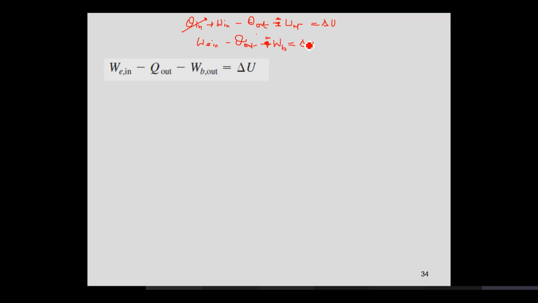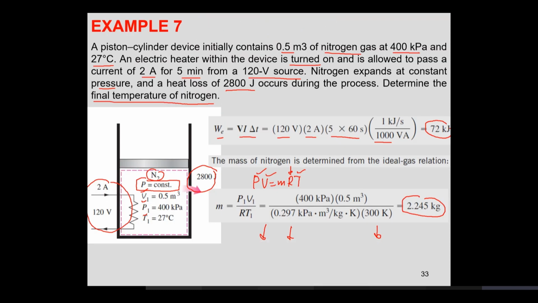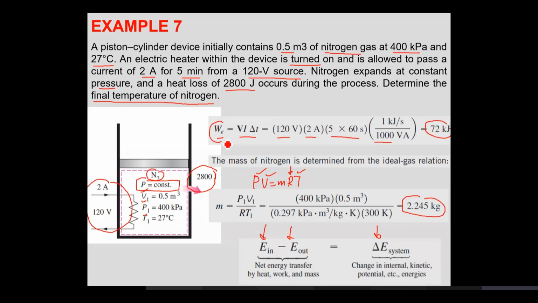If you apply this equation, work electrical in is something that you have calculated. If you go back to the slides, work electrical into the system you have calculated. Q out is already given to you.